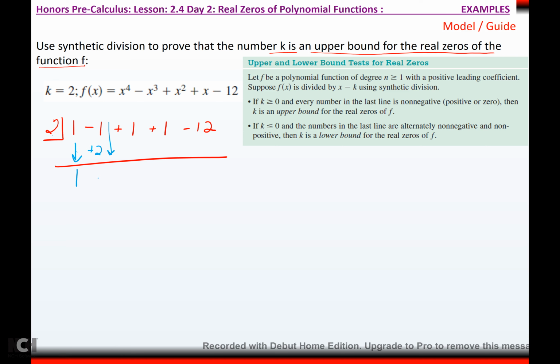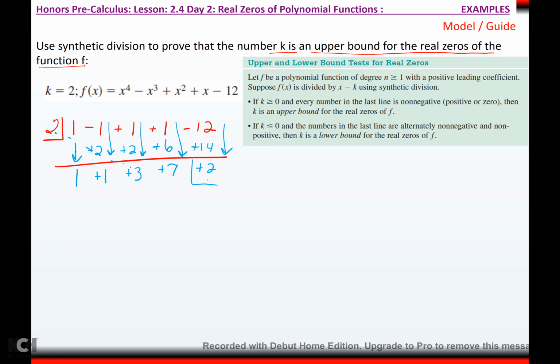Negative 1 eats positive 2. Positive 1 comes out, goes to the store, multiplies by 2, brings back positive 2. Positive 1 eats positive 2. Positive 3 comes out. Positive 3 goes to the store, gets a 2, brings back positive 6. Positive 1 eats positive 6, comes out positive 7. Positive 7 multiplies by 2, brings back positive 14. Negative 12 eats positive 14 and comes out a positive 2.